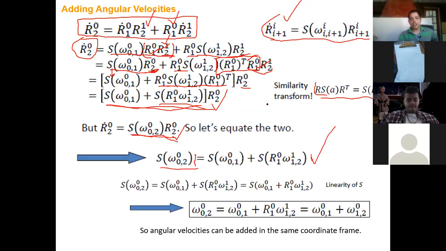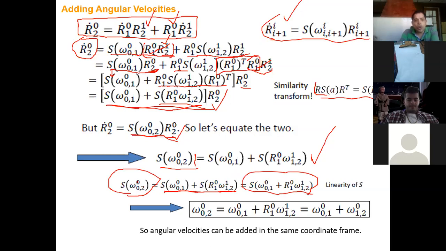If you use the linearity, so help me here. This guy, what do you get? How do you combine this guy using that linearity? Just look at the right hand side only. Can I write the right hand side like this using the linearity? Yep. So then you have this guy equal to that guy.